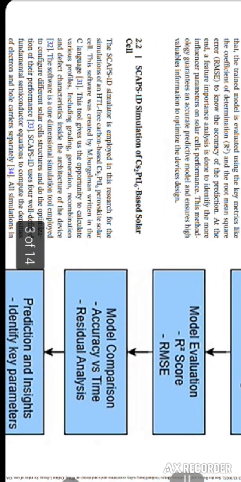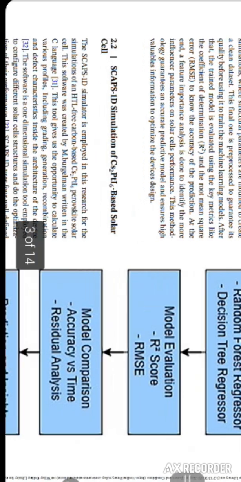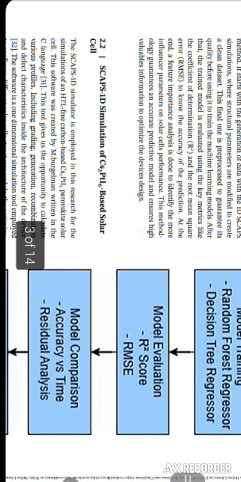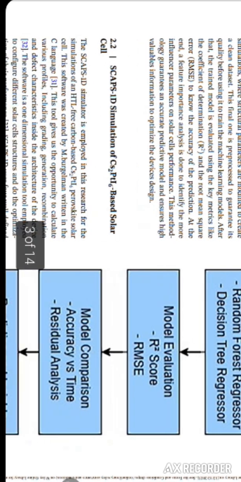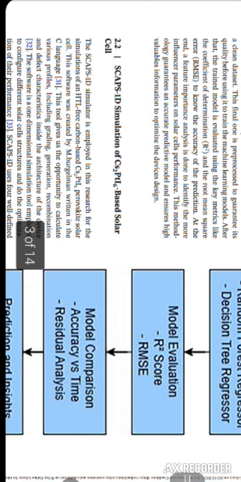They plot the parity figure. They first compare random forest and decision tree to determine which is better in terms of accuracy and cost.